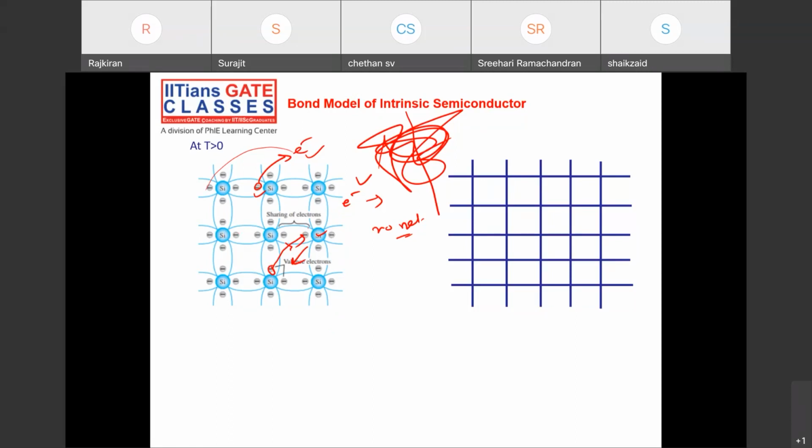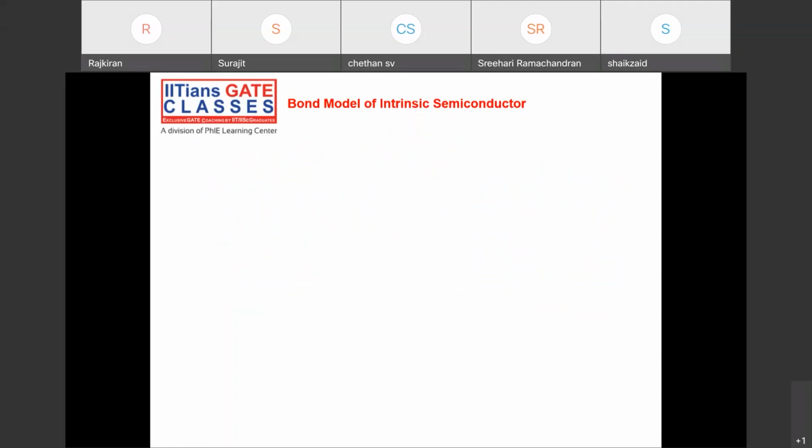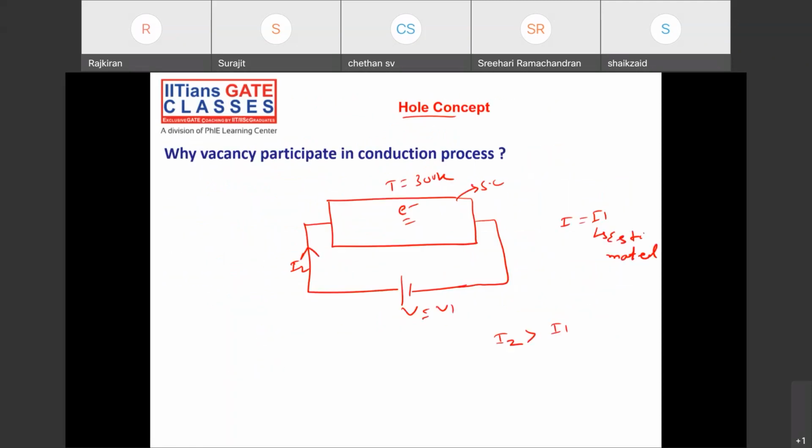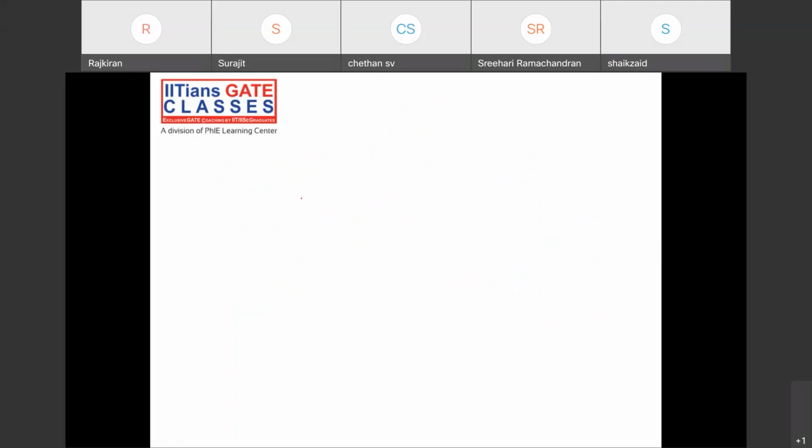Since you are asking more questions, let me give you one more analogy. Suppose I have a tube completely full of liquid. If you tilt it like this, you cannot see anything moving, right?